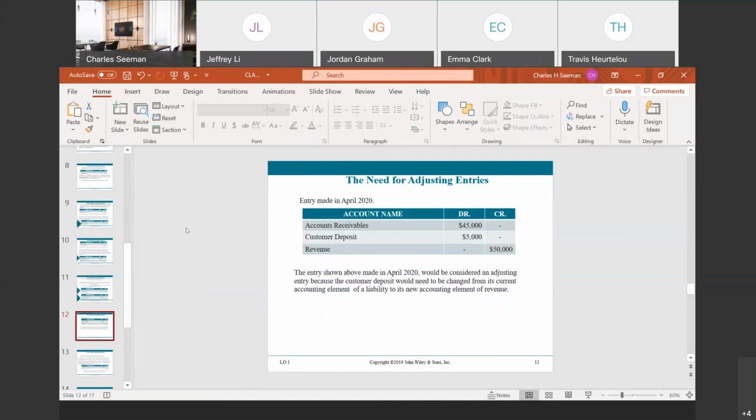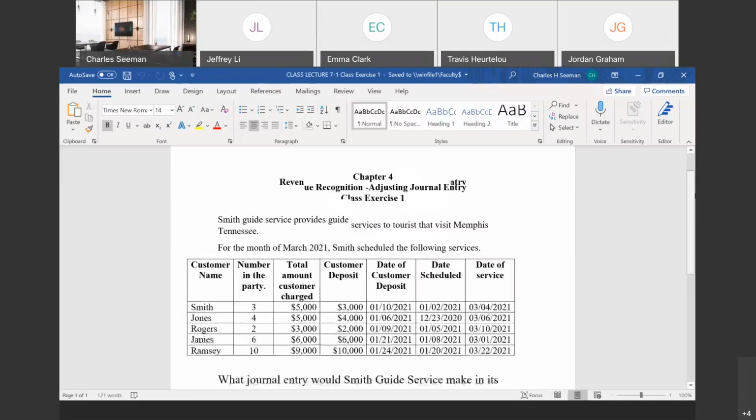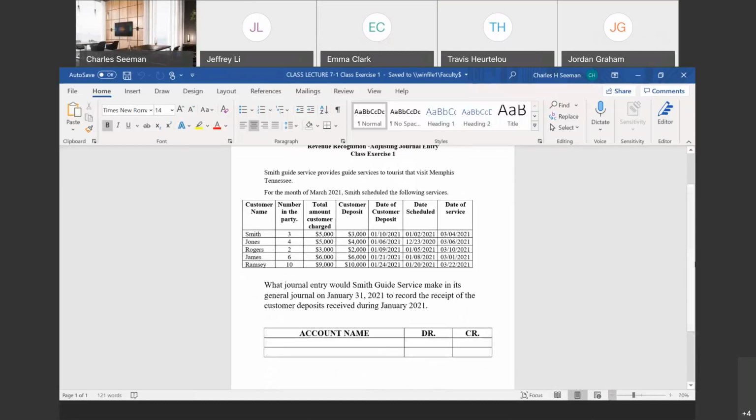So now I'm going to give you an exercise, exercise 1, to complete yourself for a couple of minutes. If you don't have it with you, I'm going to show it on here, and then I'll show the answer. What do you think?